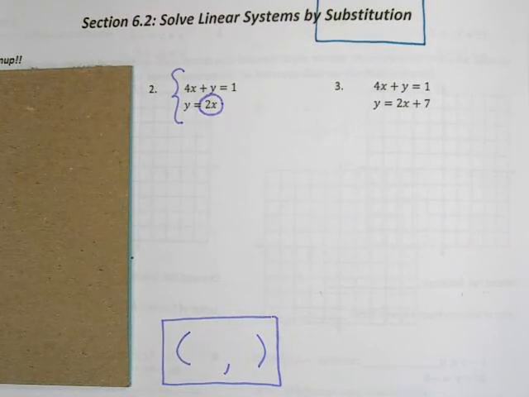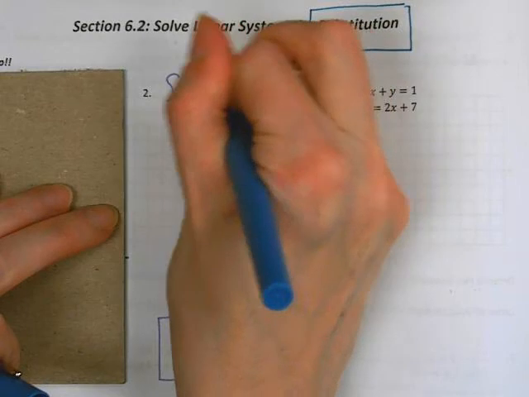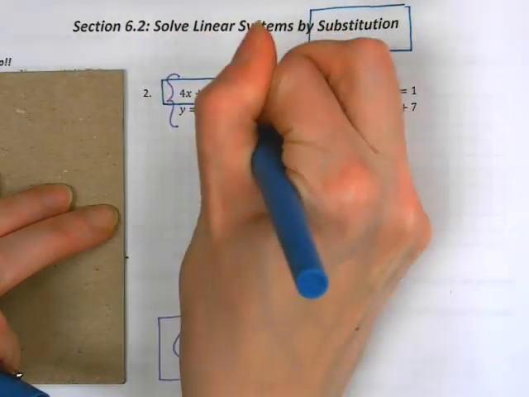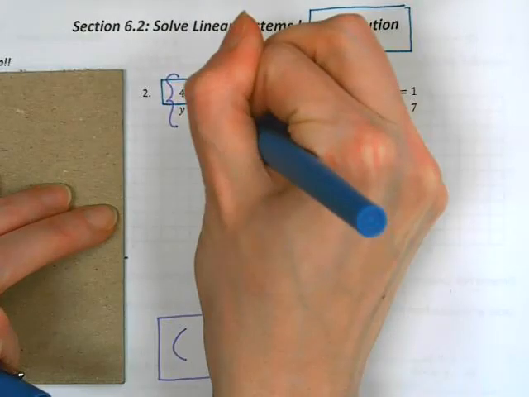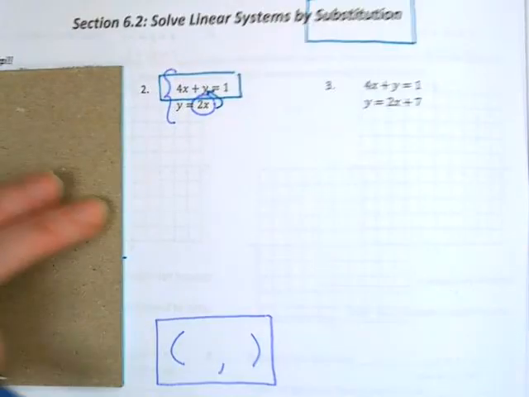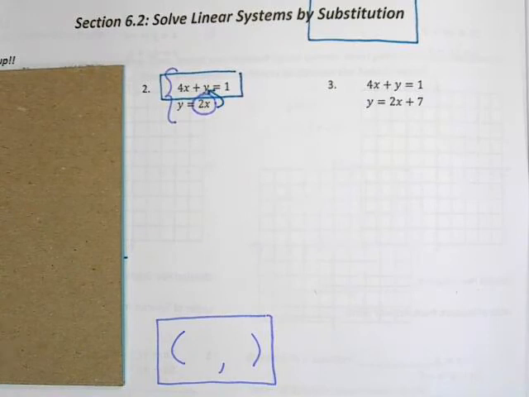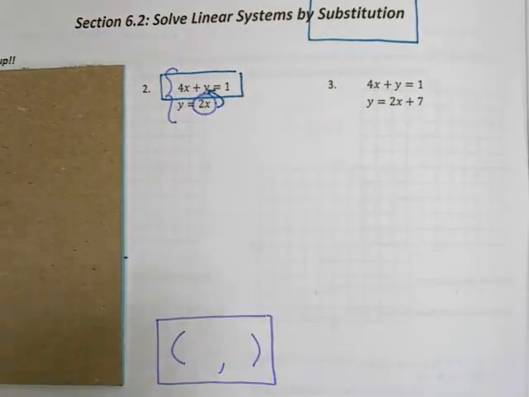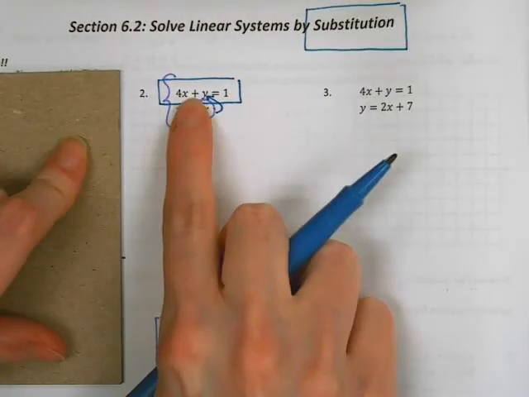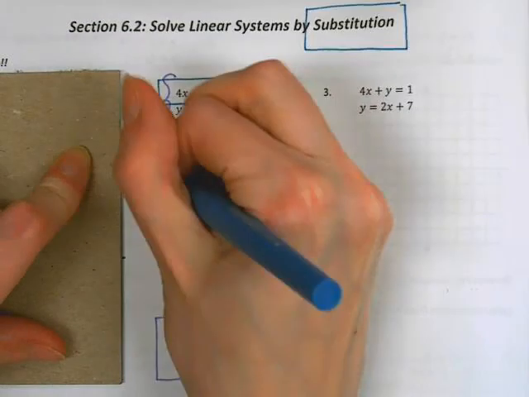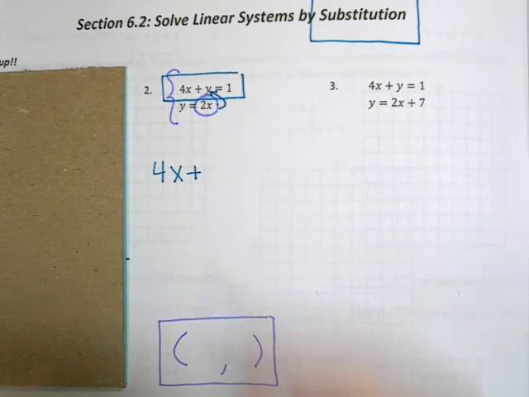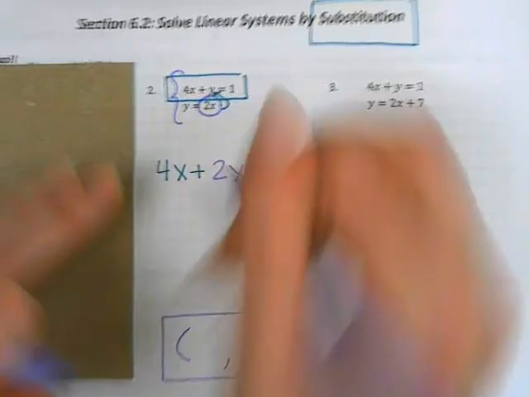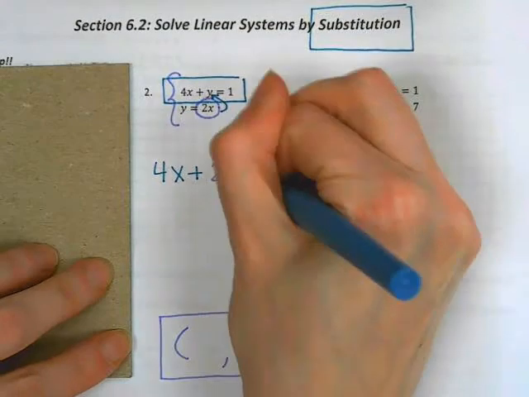So what I'm going to do is rewrite the other equation, but instead of y, I'm going to sub in 2x in its place. Okay, so here's what I mean. So now it's going to be 4x plus y equals 1. Now it's going to be 4x plus 2x equals 1.